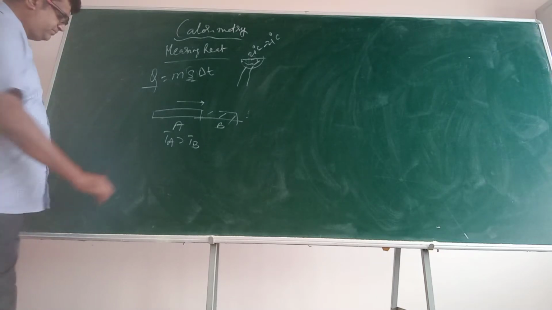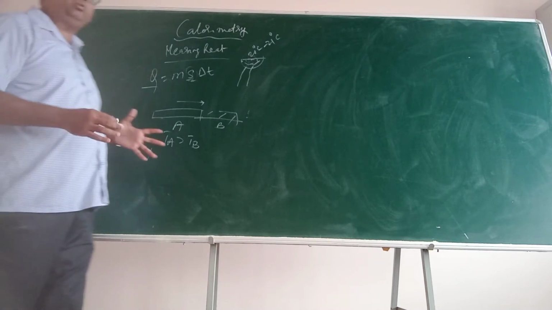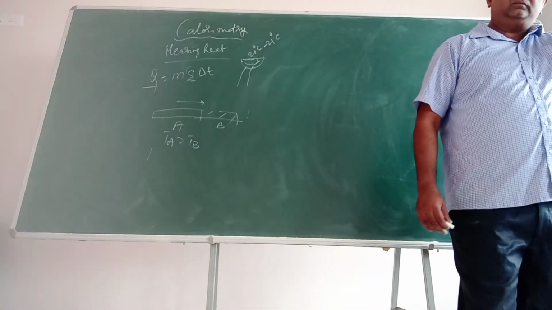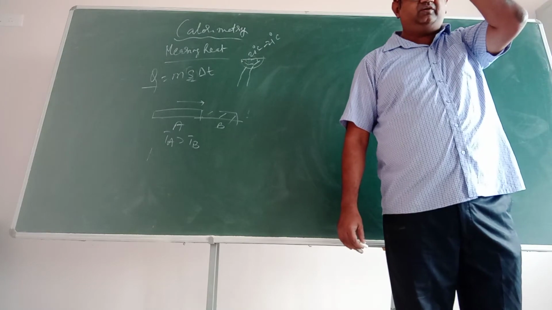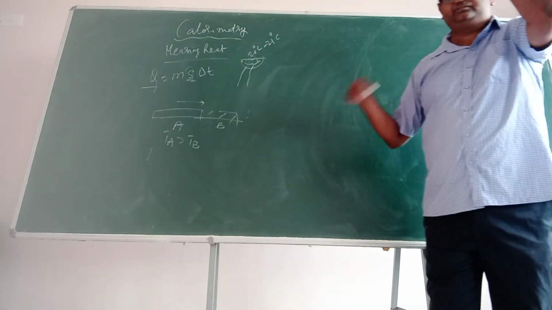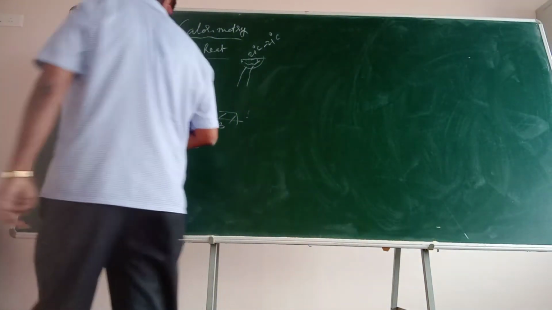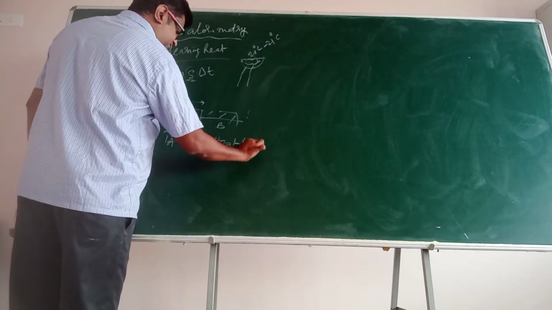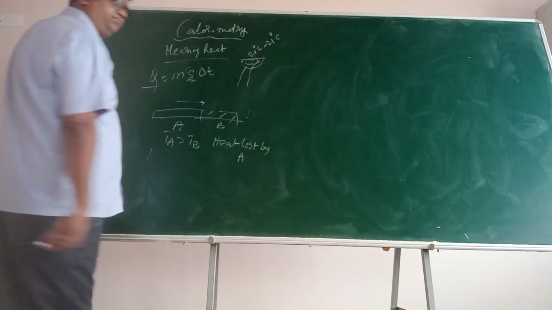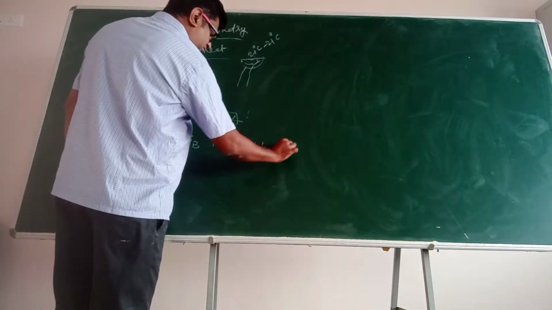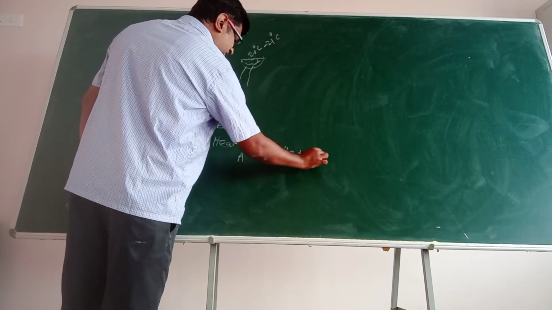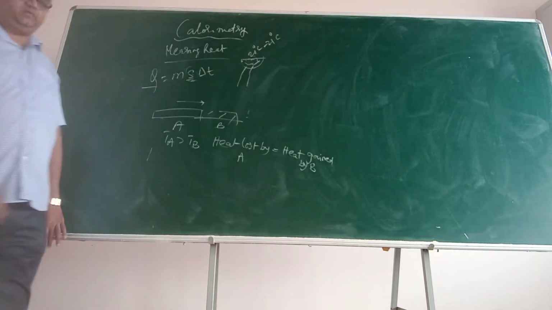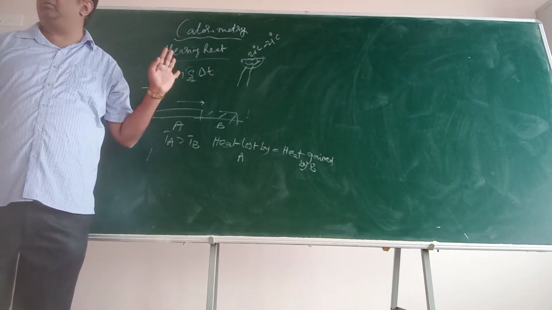This process will keep on going till what point of time? Till thermal equilibrium is achieved. So we can say here that heat lost by A is equal to heat gained by B. Remember, both are now in solid state.